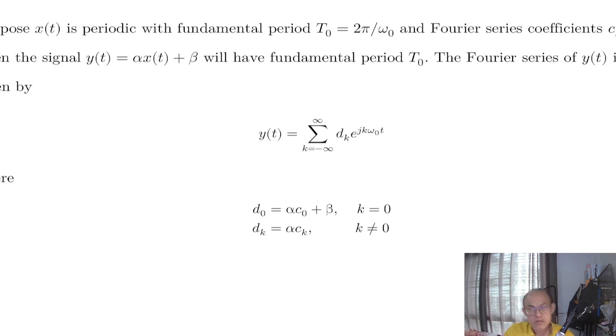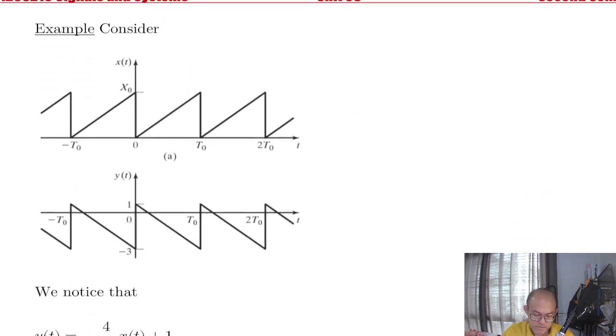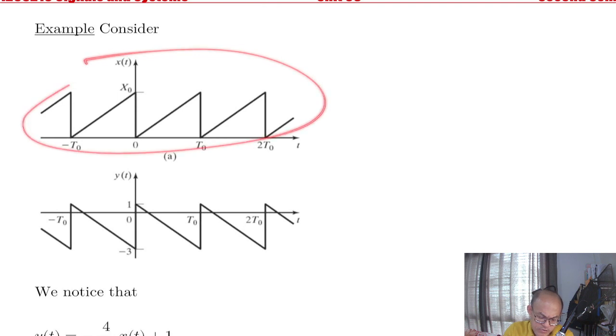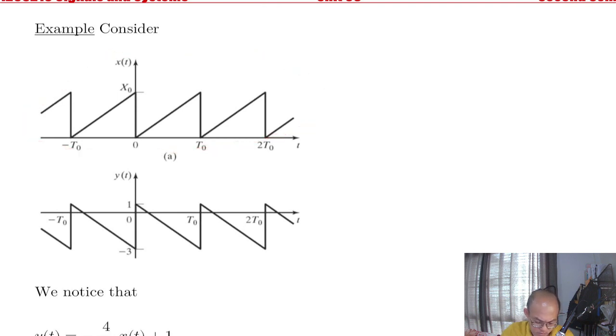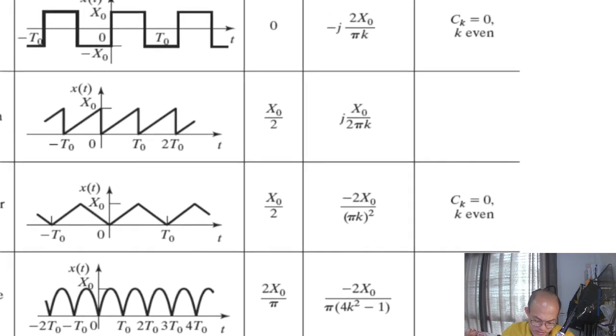For example, I'm going to give you an example here. Okay, now let's do this example. X here is a sawtooth signal. Now we know the Fourier series coefficient of x. Let me go to this table. Now for the sawtooth signal, the second one, the Fourier series coefficient is this. So let me copy it and bring it down here.